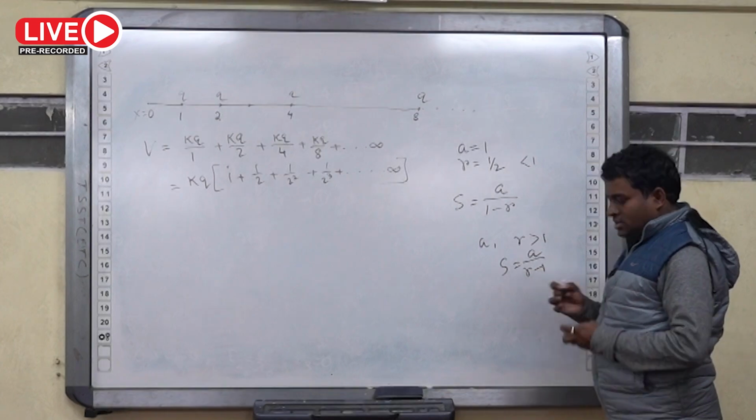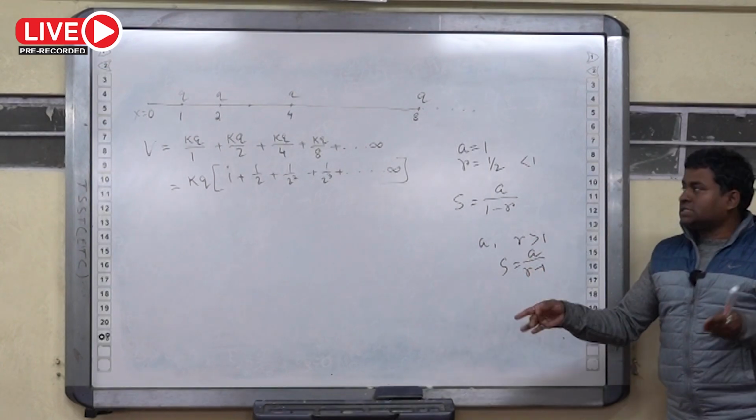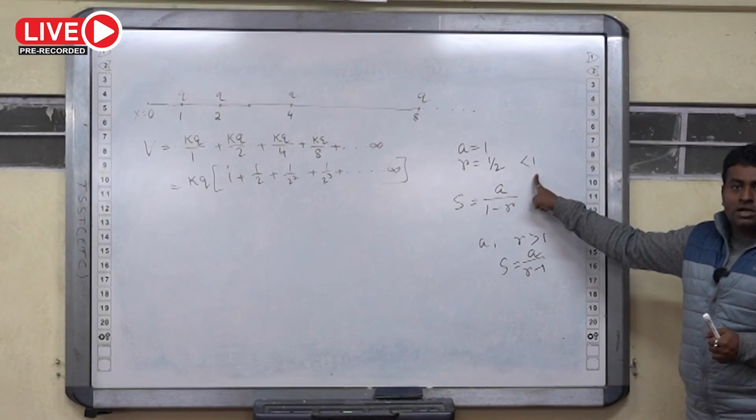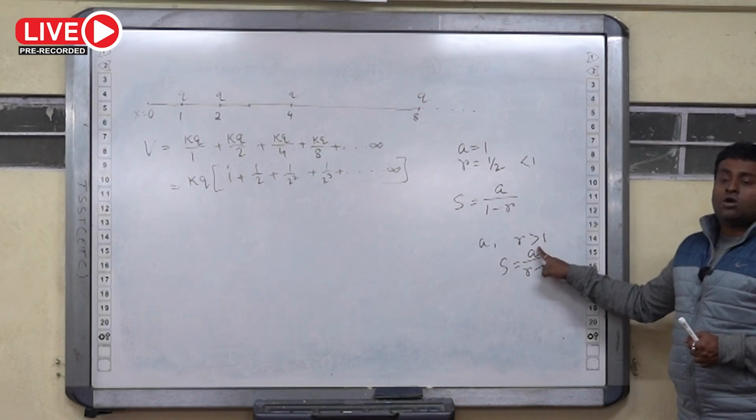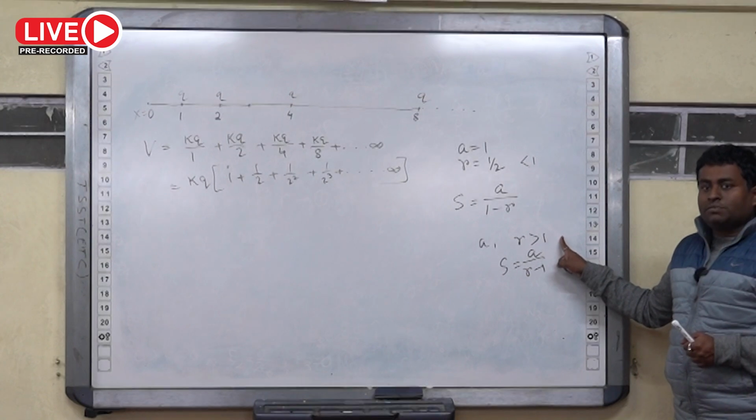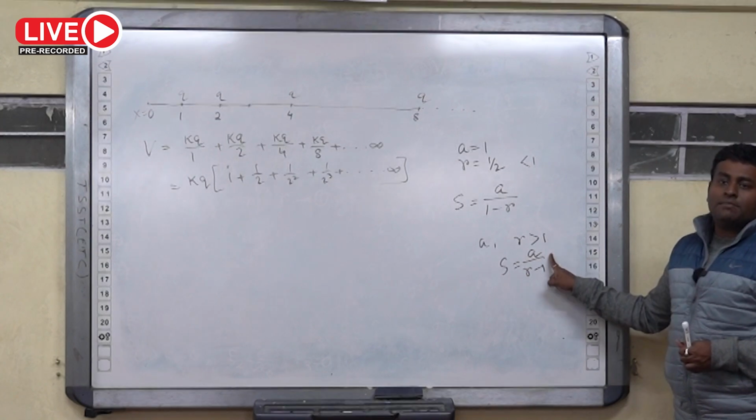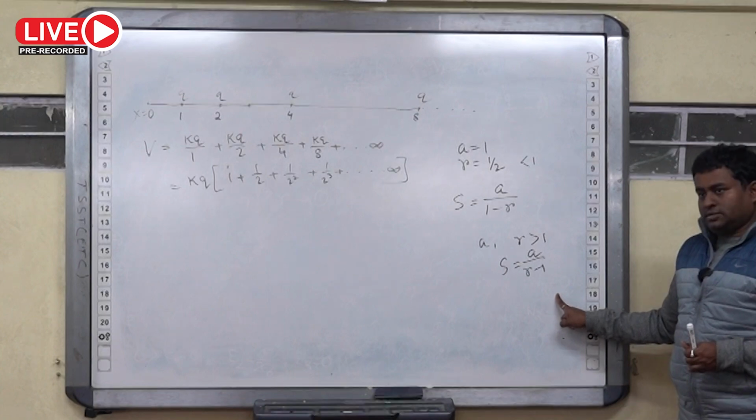So for an infinite GP series with common ratio less than 1, the sum will be a by 1 minus r, and with common ratio greater than 1, the sum will be a by r minus 1. Clear?